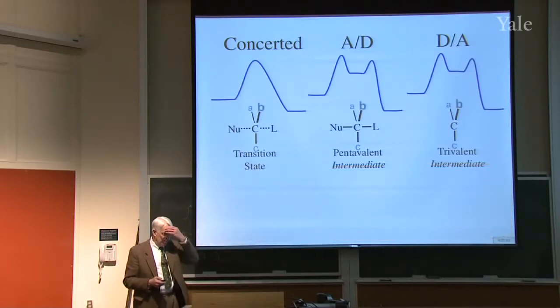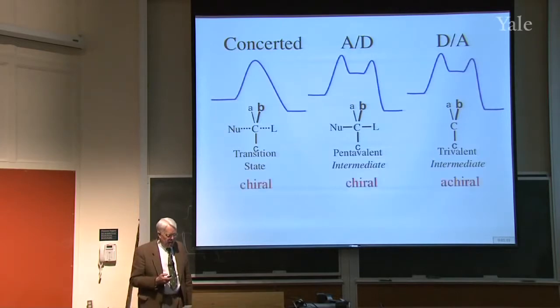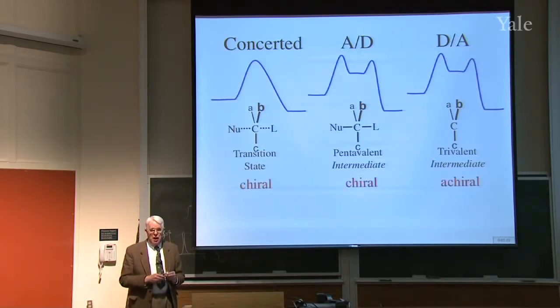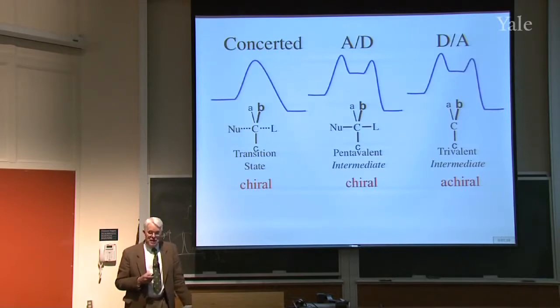Now, if you have three different other substituents on the carbon that's being attacked, other than the leaving group that's leaving, then you have the possibility of chirality, right? So the first transition state and the pentavalent intermediate are chiral, but the trivalent intermediate, if it's planar, is achiral.